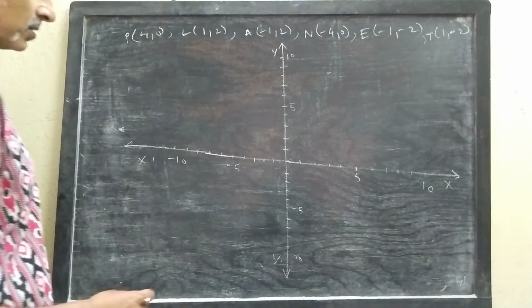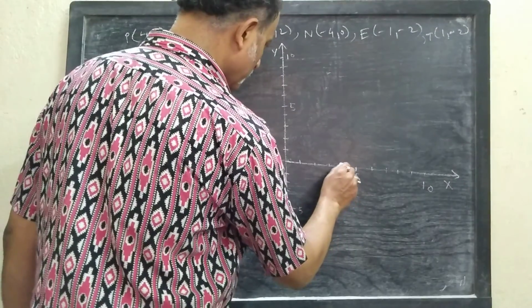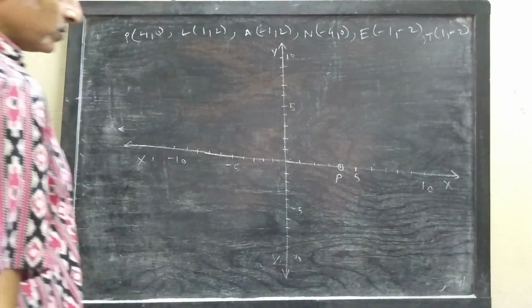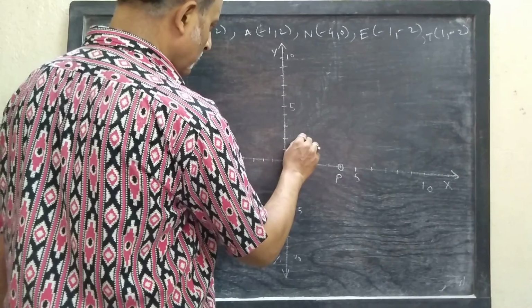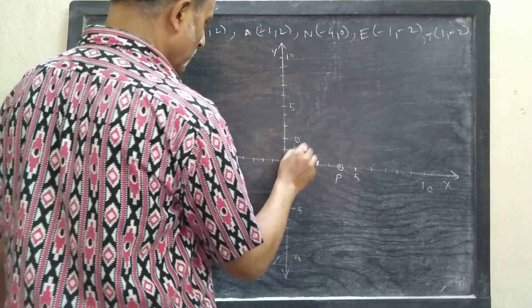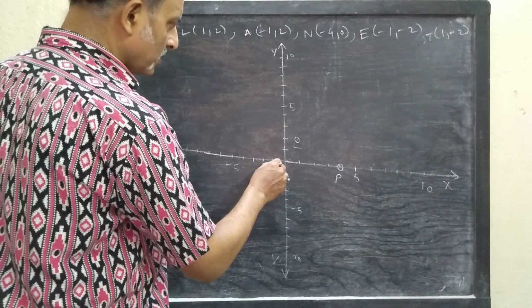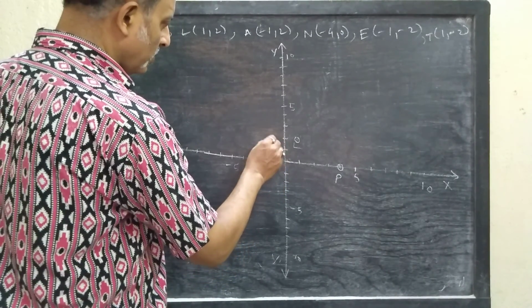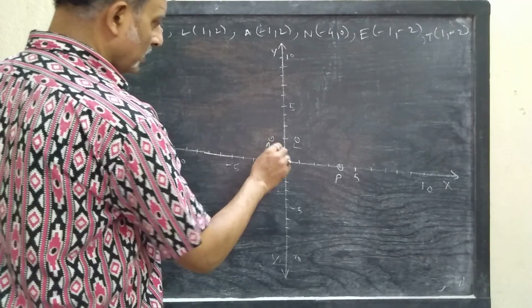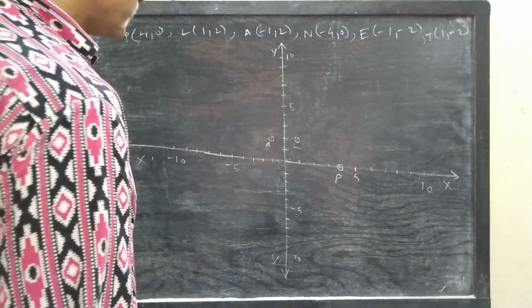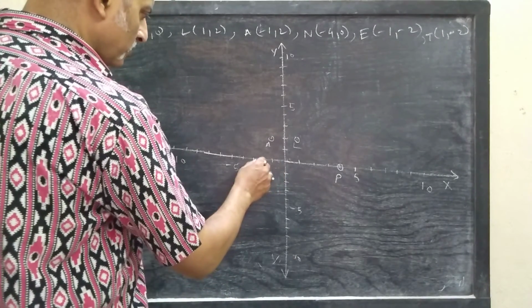First 4, 0. 4, 0 will be this one, P. Then L 1, 2. 1, 2 will be here. A minus 1, 2. Minus 1, 2 will be here, A. N minus 4 comma 0. 1, 2, 3, 4.